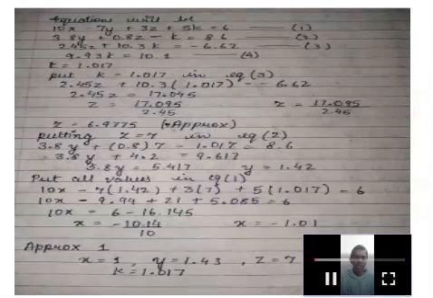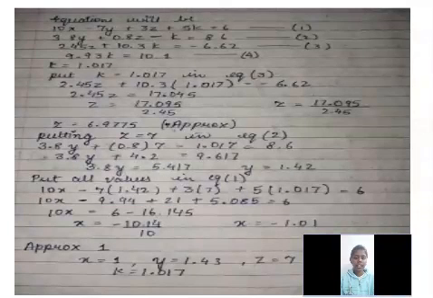Basically in the Gauss elimination method we have to make all the elements below the diagonal elements 0, and with the help of that we can easily get the values of x, y, z and k.